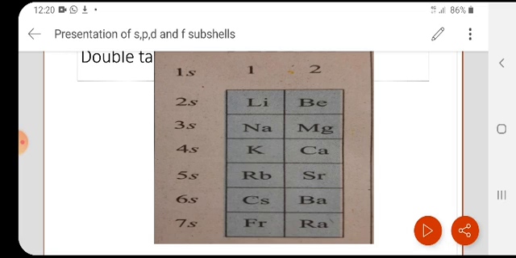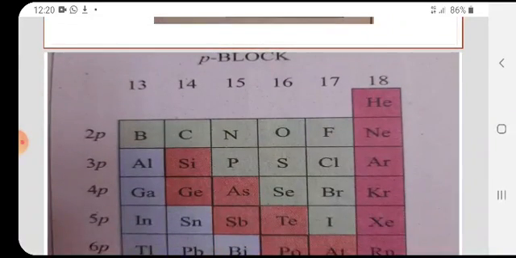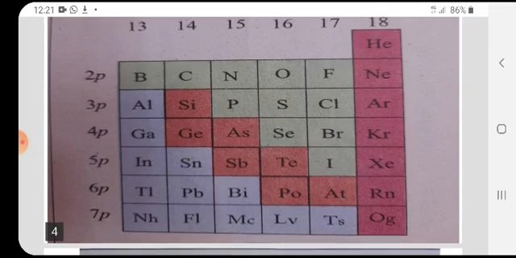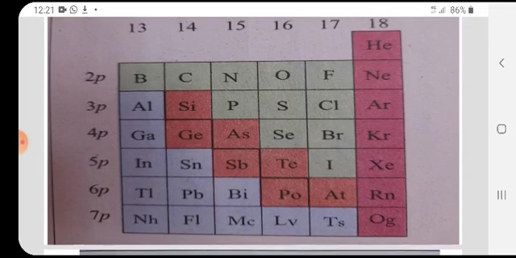Now let's see P block elements. Groups 13 to 18 are P block elements. Along with S block elements, they are called representative elements or main group elements. The outermost electronic configuration varies from ns2 np1 to ns2 np6 in each period.